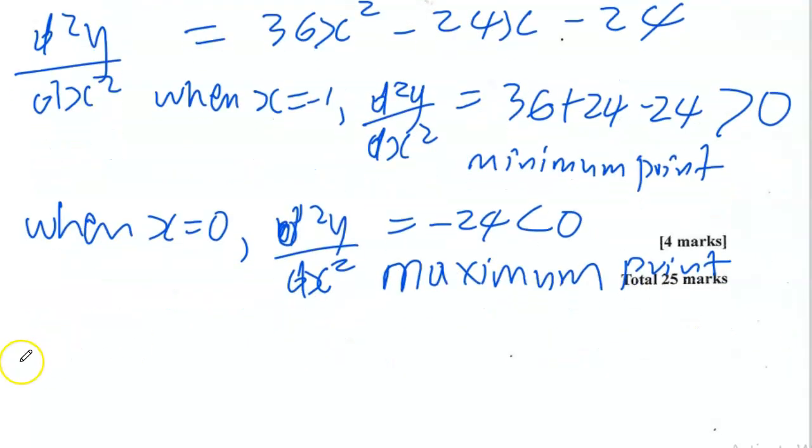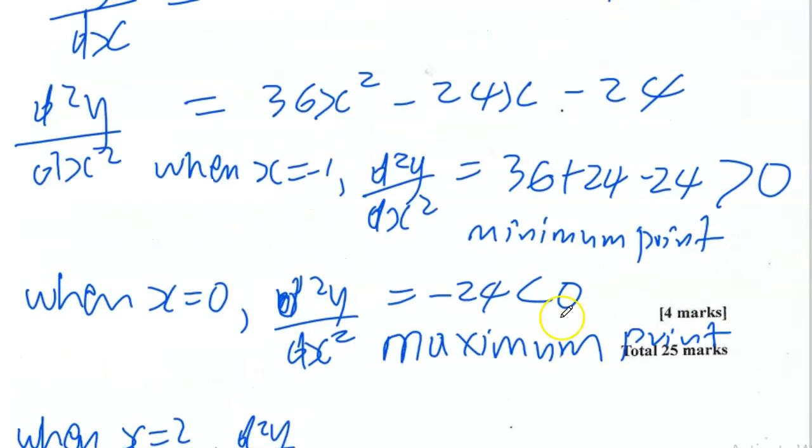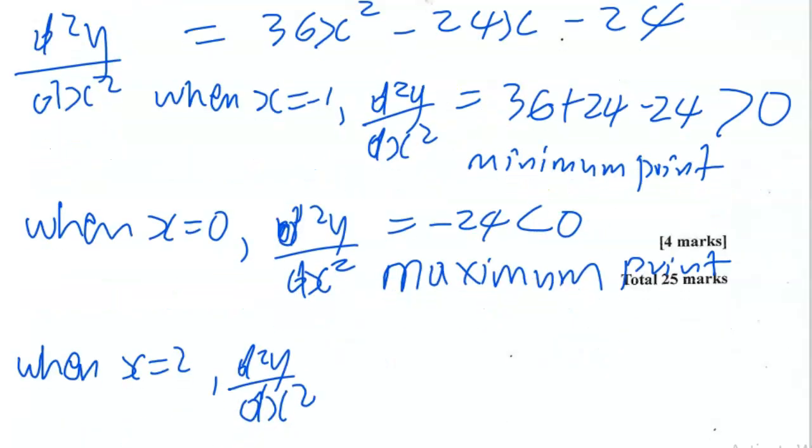When x is positive 2, the second derivative, replacing the x with 2, is 36 times 2 squared, which is 36 times 4, right? Minus 24 times 2, what's 24 times 2?